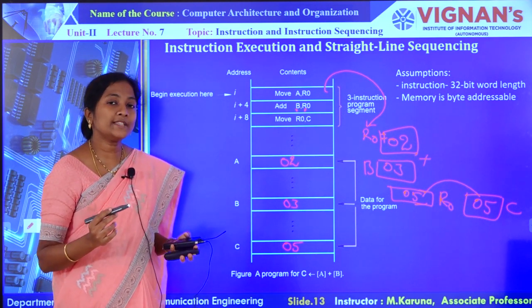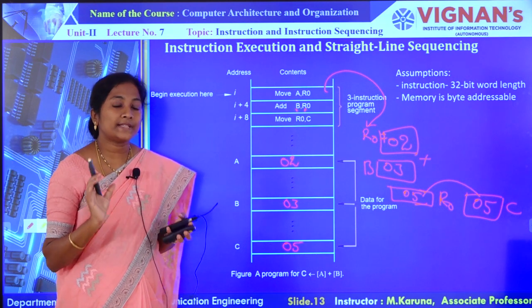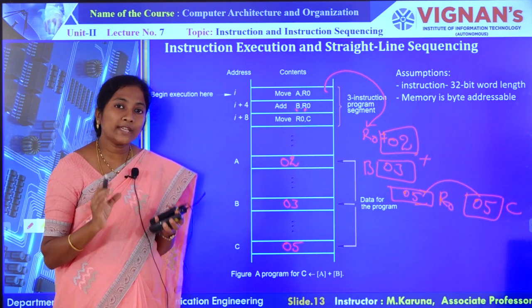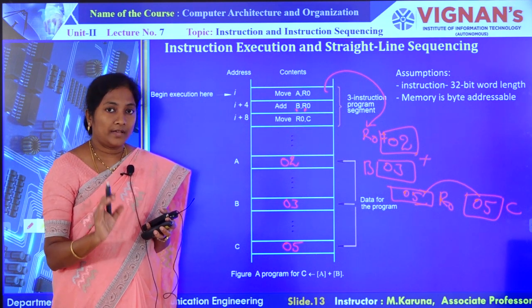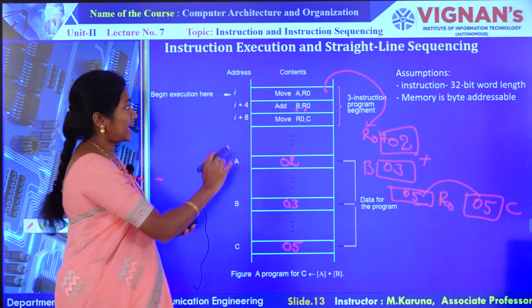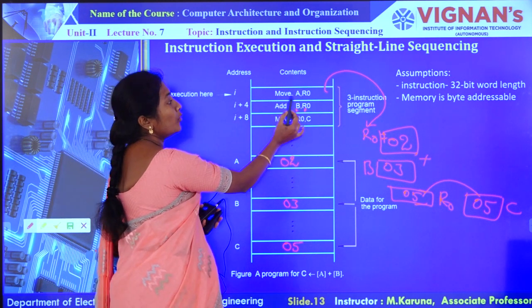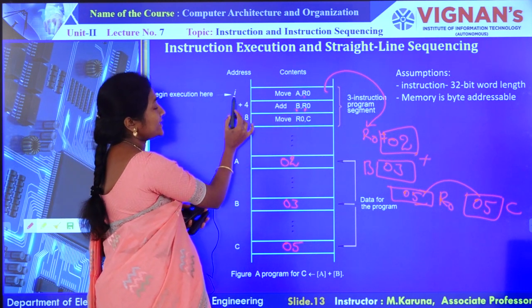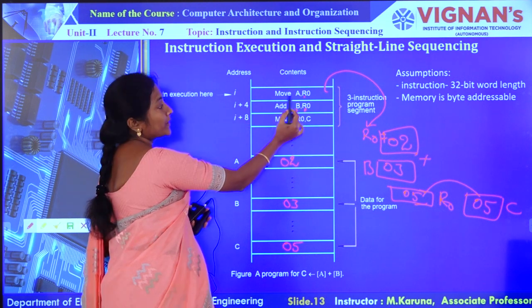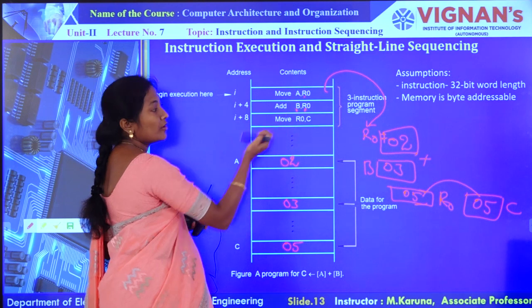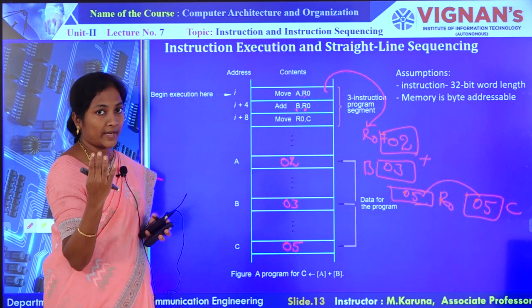Each memory location stores 8 bits. To store 32 bits, 4 memory locations are required. So, that is what here move instruction is placed in the address assigned as I. To store this instruction code, 4 memory locations are required.